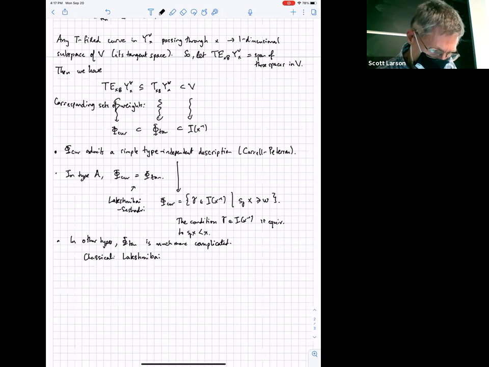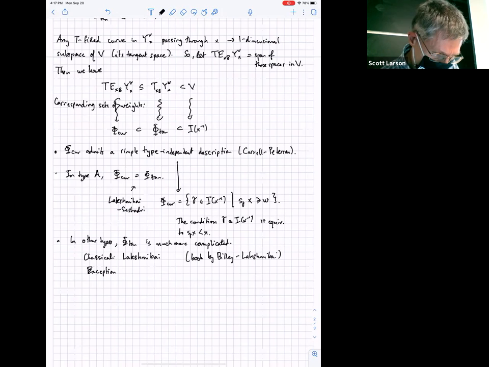You can read about this in the book by Lakshmabai. But in the exceptional types, to my knowledge, it's not known in general, explicitly. I mean, there are some conditions based on representations, but I don't believe it's been worked out, to my knowledge.